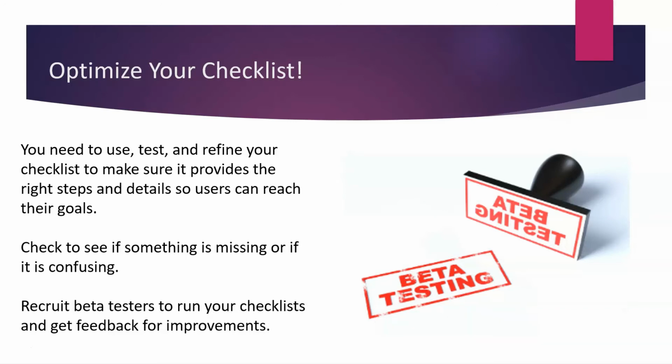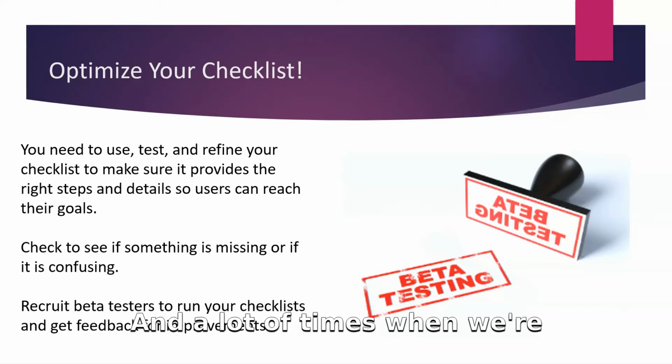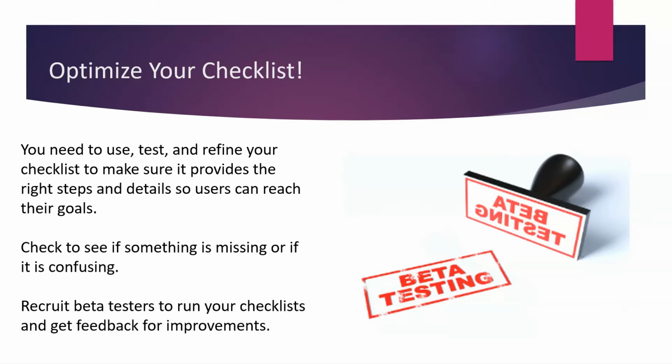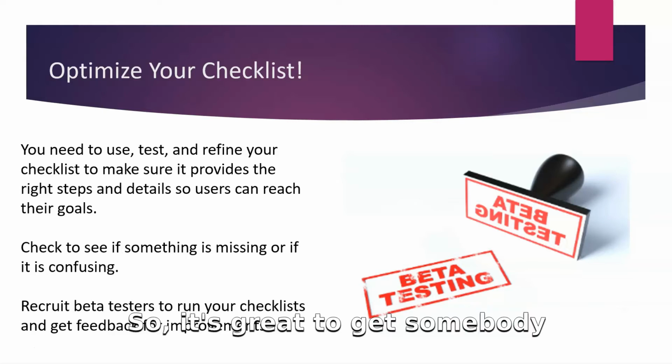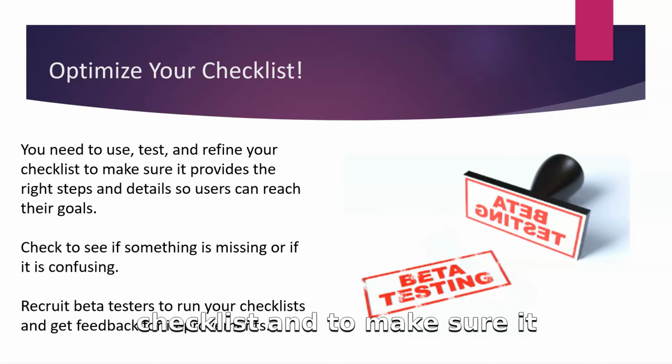So this is really something you want to make sure is very clear. A lot of times when we're working on something, it can be difficult to step outside that and see it in the way a user might see it. So it's great to get somebody to actually run through your checklist and to make sure it makes sense.